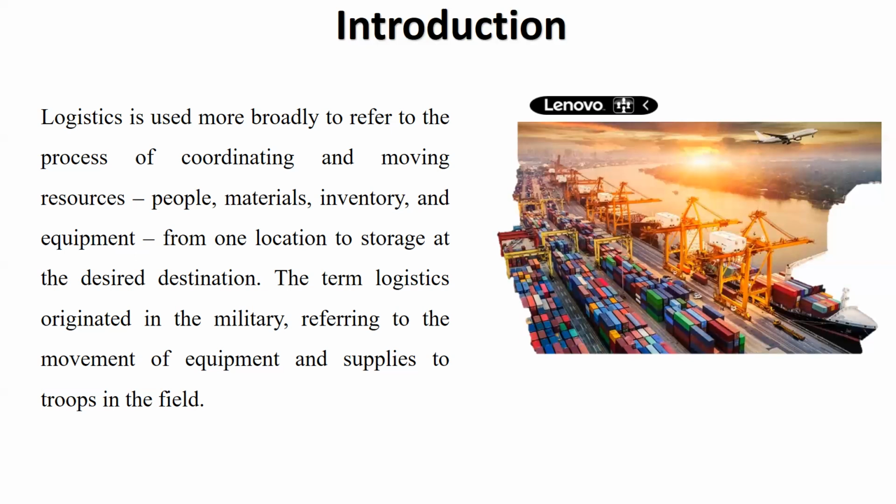HR is doing what they have to do. Operations is doing what they have to do. You have the manufacturing floor, they are doing what they have to do. Marketing and distribution, they are doing PR, they are doing other things. Procurement are doing that. So what is the essence of supply chain?